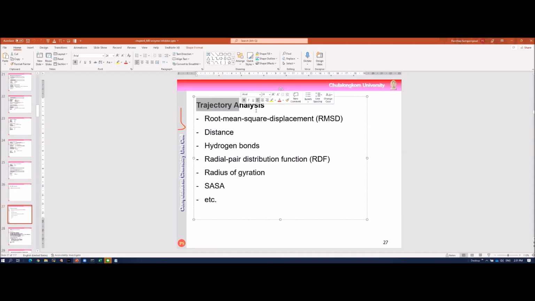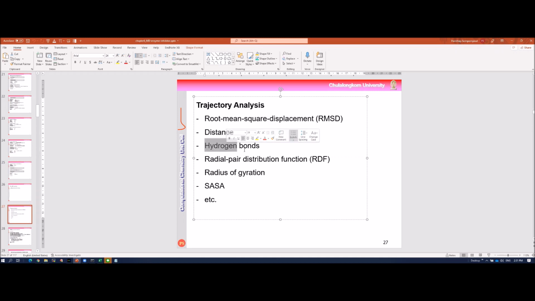After we have a trajectory, we extract some dynamic properties from the system. For example, calculate root mean square displacement or RMSD. We might be interested in the distance between particular atoms or particular residues.